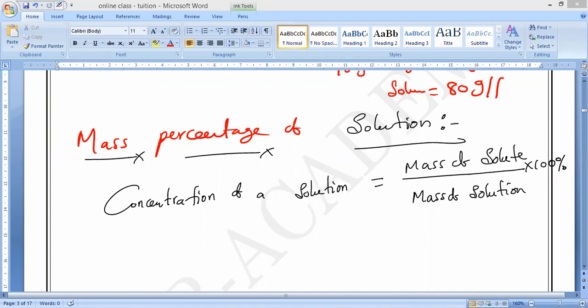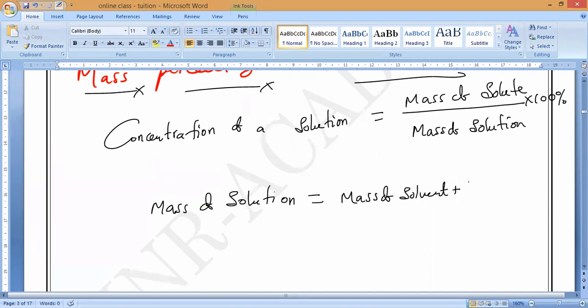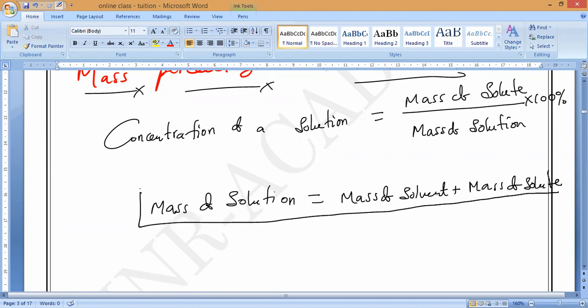Now you tell me what is the mass of solution? Anybody? 100 grams. Mass of solution means what? Mass of solution is the addition of two things: mass of solute plus mass of solvent, which is equal to mass of solution.